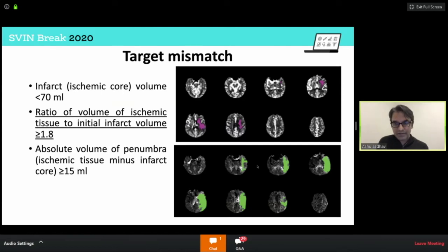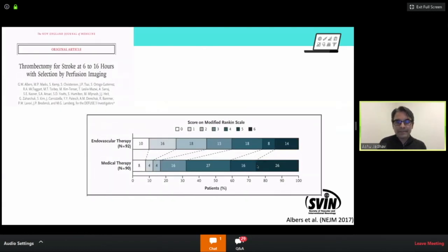This is based on Albert Yu's seminal work that Santi alluded to in his talk. These are patients that have a volume of tissue at risk with a ratio of 1.8 or higher relative to the tissue that's already been injured. There's also a definition of absolute volume of tissue at risk of 15 cc's or higher, and those tend to track together in most patients.